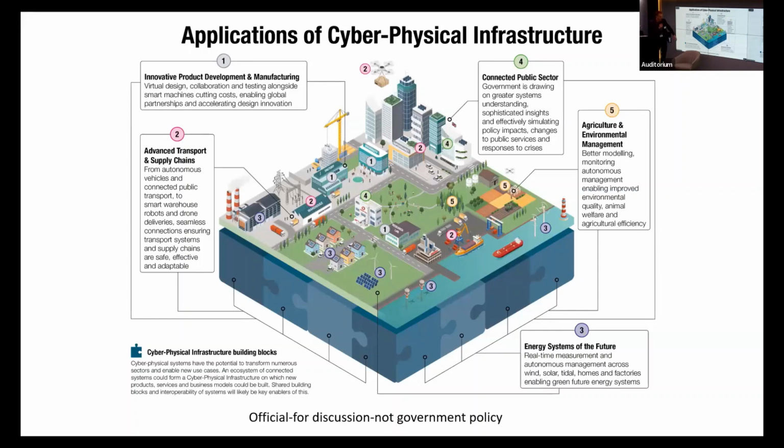Down the bottom there, we have energy systems of the future. This is a really particularly important area of growth for cyber-physical and digital twins. Of course, one of the challenges around the energy sector is it's gone from there being 20 big suppliers to, in 5 or 10 years' time, there is going to be millions of micro suppliers.